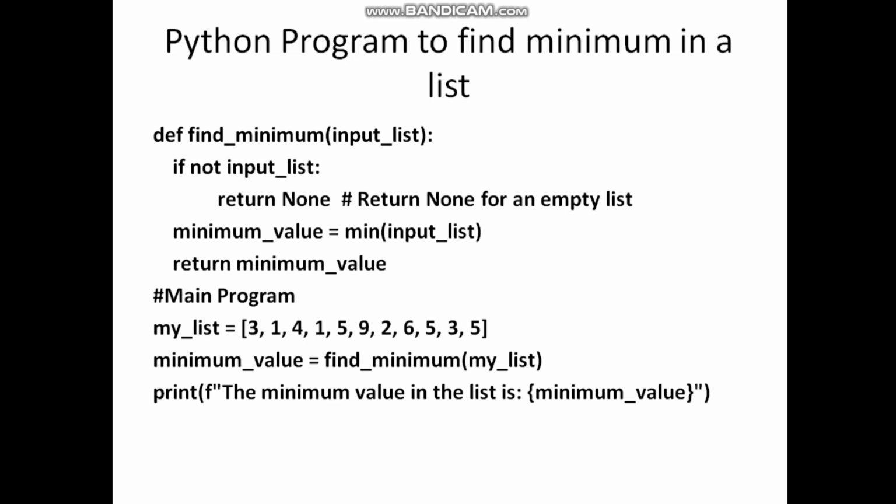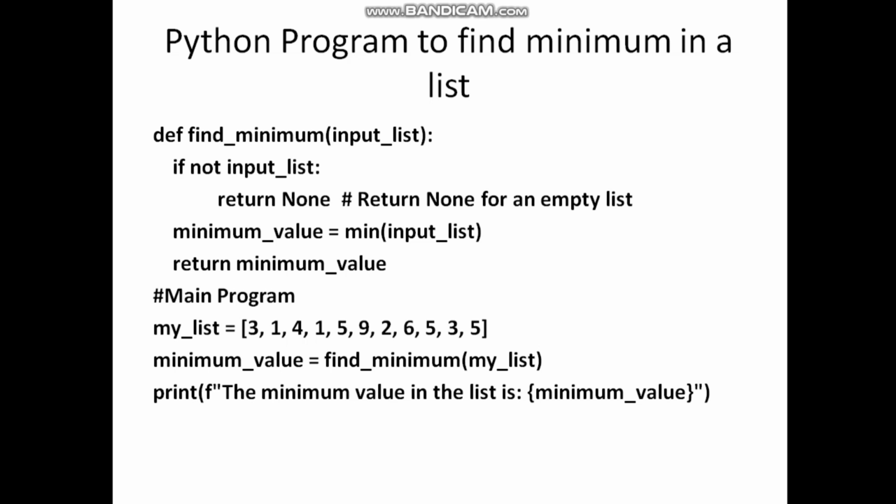Once I pass this, it will call the function find_minimum. Already I have defined the function through the def keyword, that is def find_minimum of input_list, and I am passing the entire my_list here, and that my_list will be assigned to input_list.